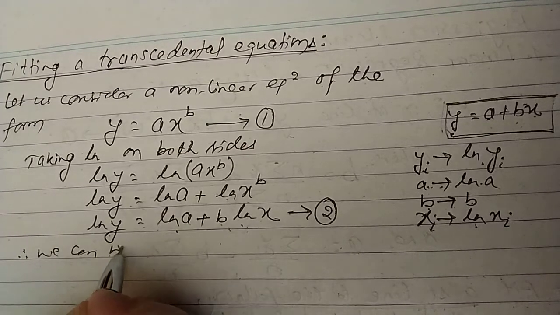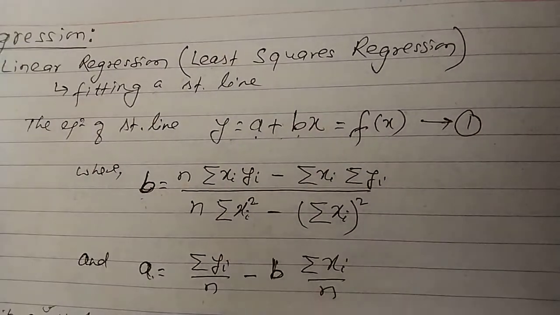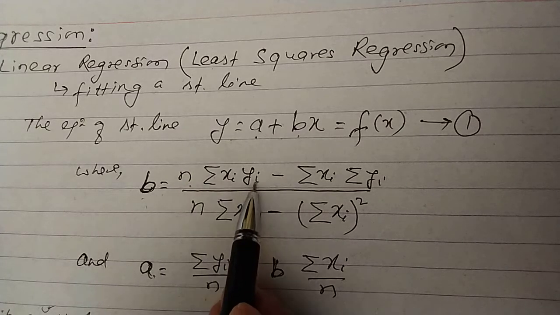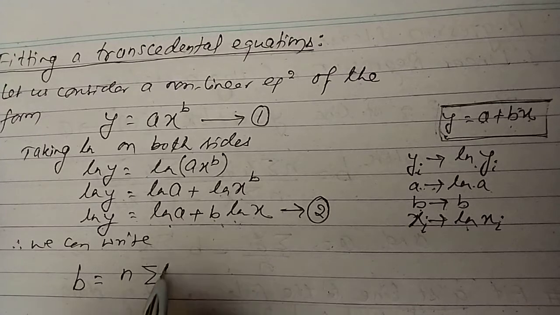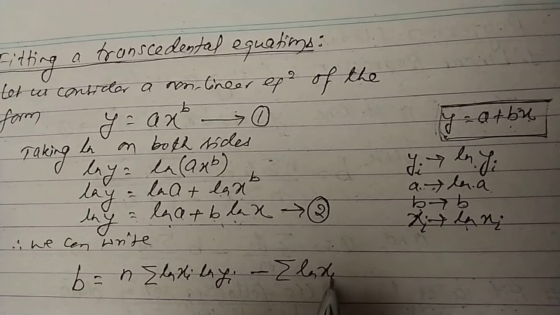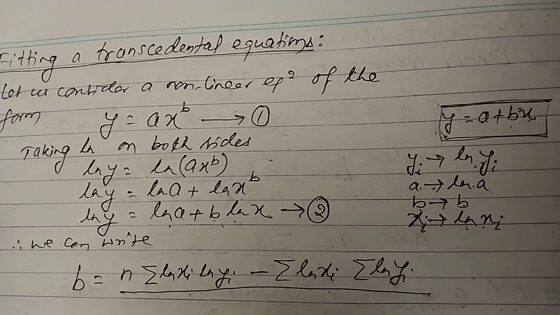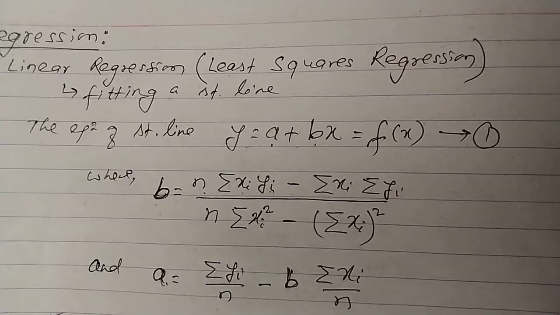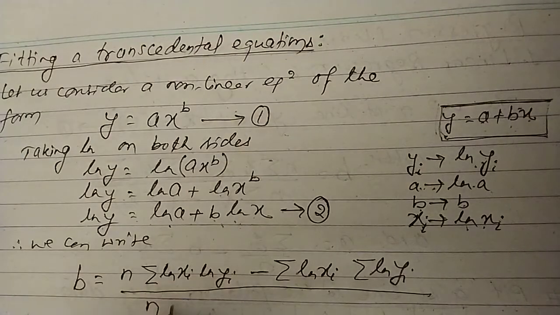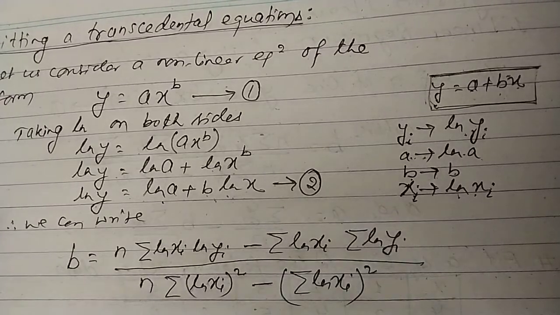Therefore we can write b as, what was the formula for b in the linear case? n into summation xi yi, so xi will be replaced by ln xi and yi will be replaced by ln yi. So n into summation ln xi into ln yi, minus summation ln xi into summation ln yi, divided by n into, in the linear case it was xi square, so in place of xi you write ln xi squared, minus the square of the summation of ln xi. So that is the formula for b.